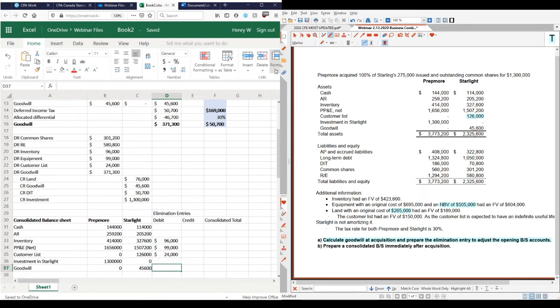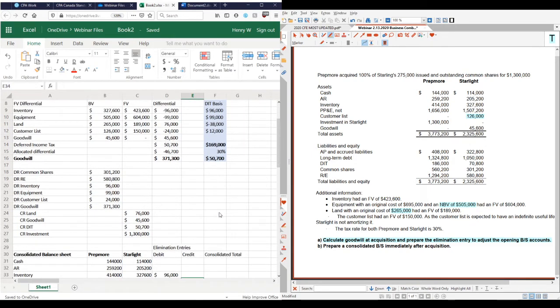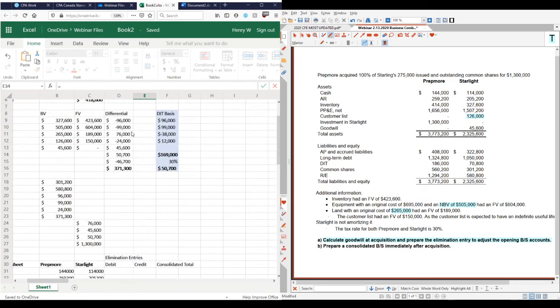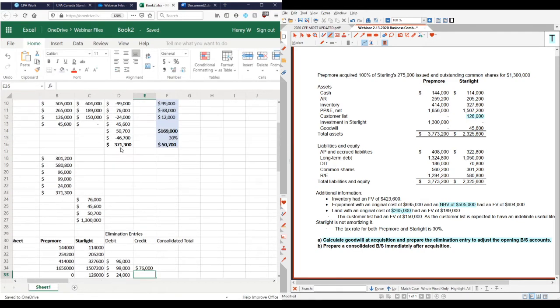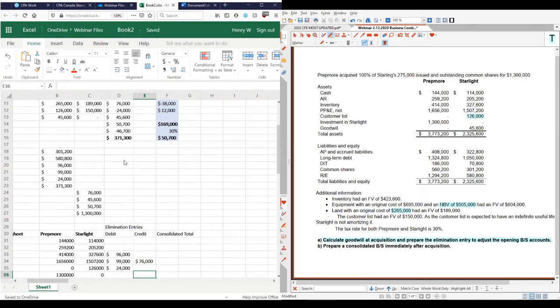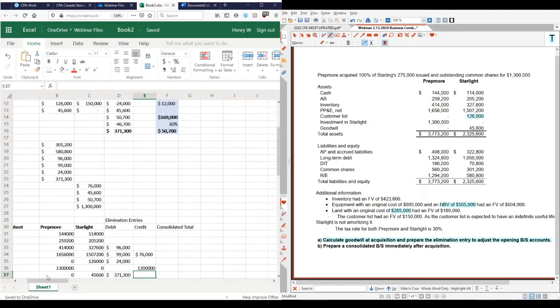And then goodwill is over here. And then PP&E, we're going to credit the 676,000, which is up here. Credit the investment, because obviously as a parent, you are now creating the combined, so you've got to remove or eliminate the investment.